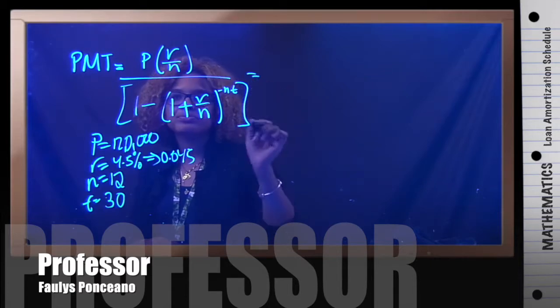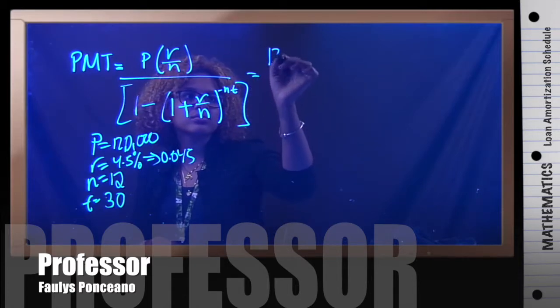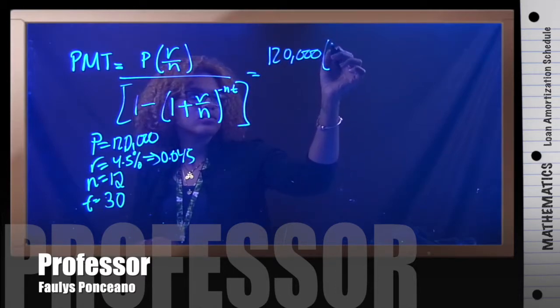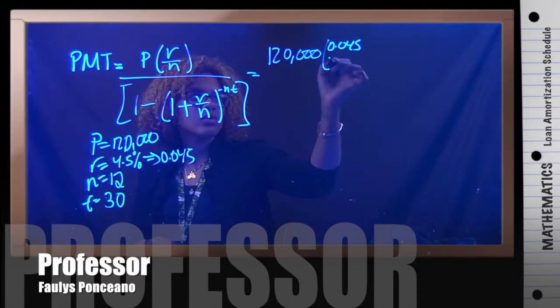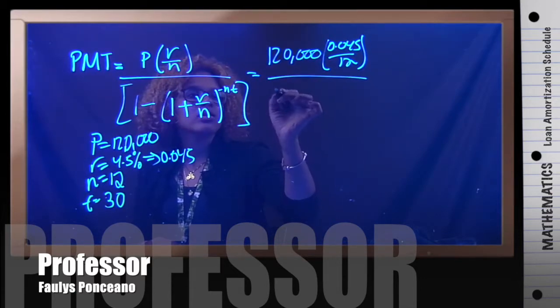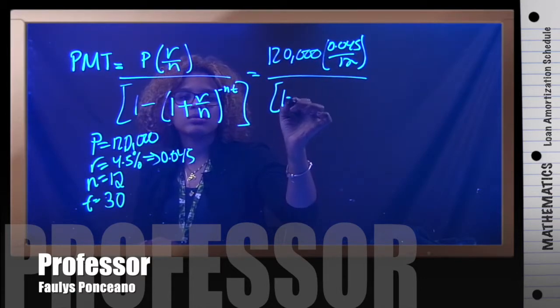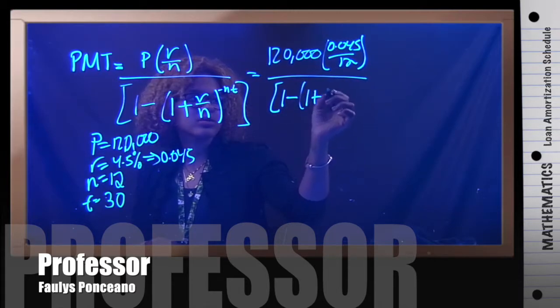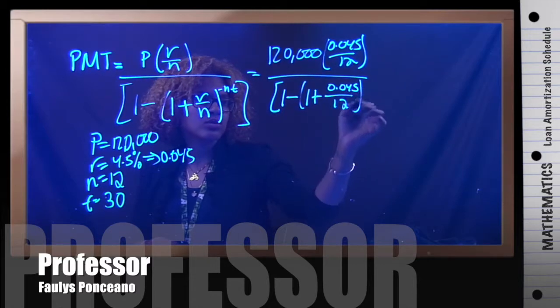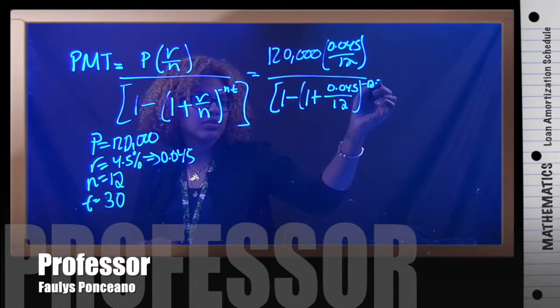So now, substitute that. Over 12. Have brackets 1 minus 1 plus, close parenthesis, minus 12 times 30, close bracket.